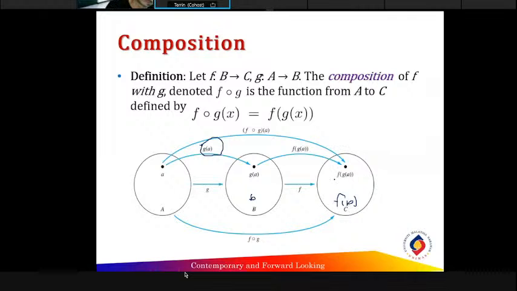So when you compose it, you're saying you're applying the function GA within F. This is FX, sorry, X here.